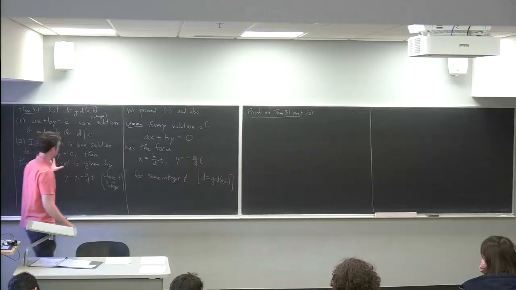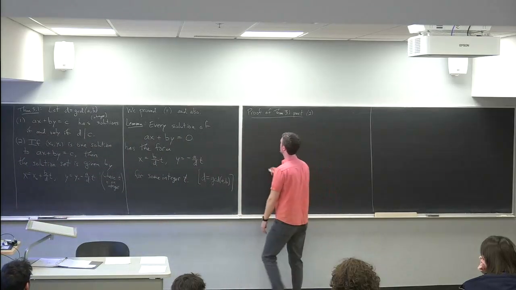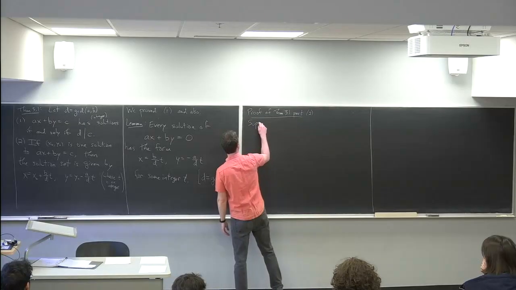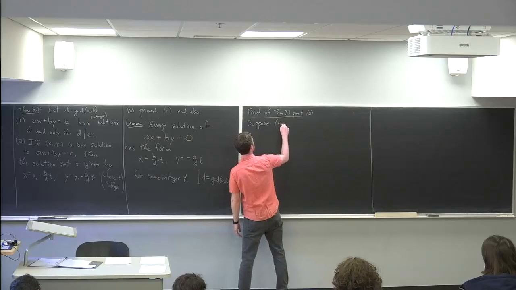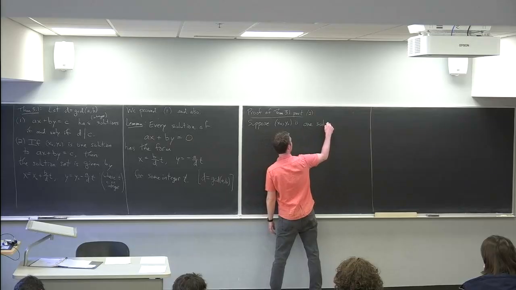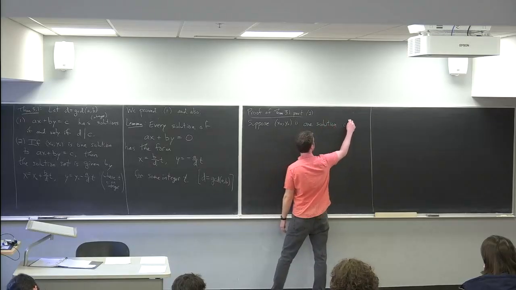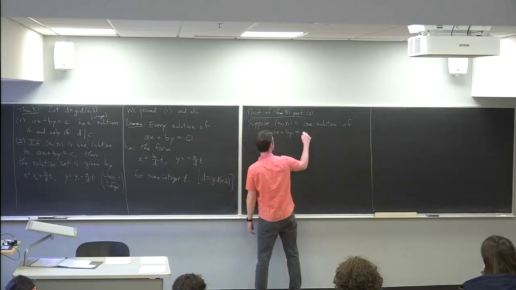I guess we'll start with, in statement 2, you're supposed to know a solution. So let's begin by saying that's what we get to assume: suppose x naught, y naught is one solution that is known of ax plus by is equal to c.